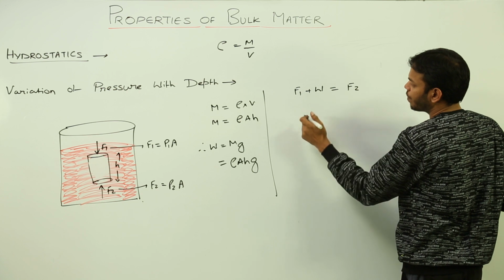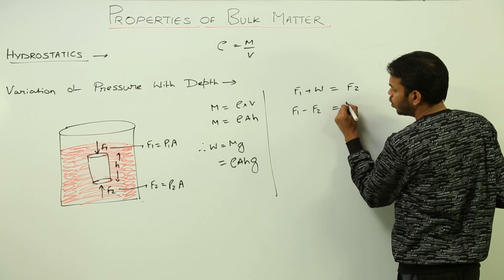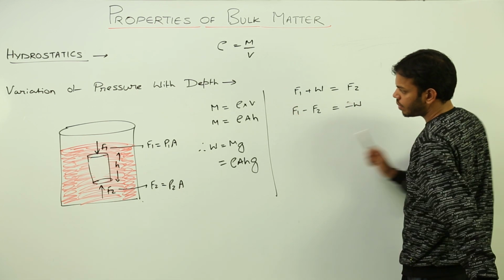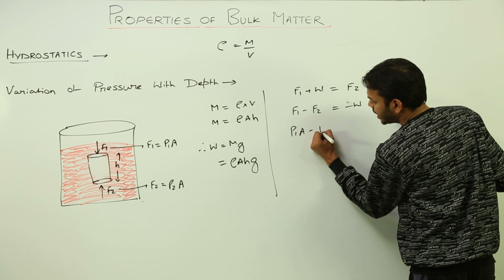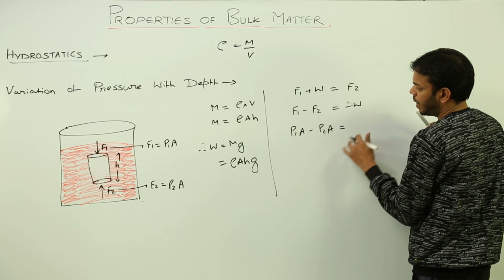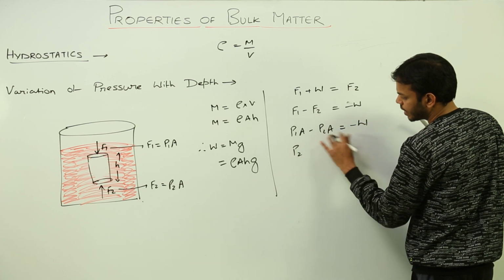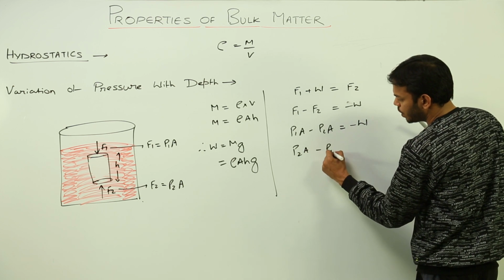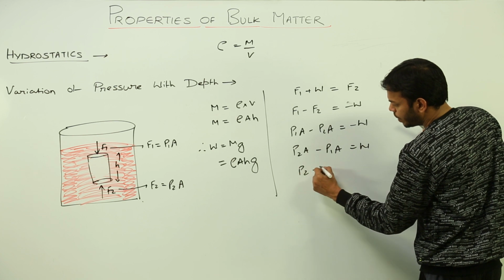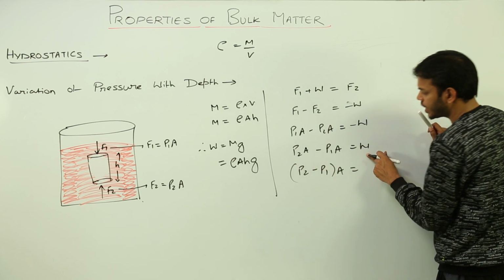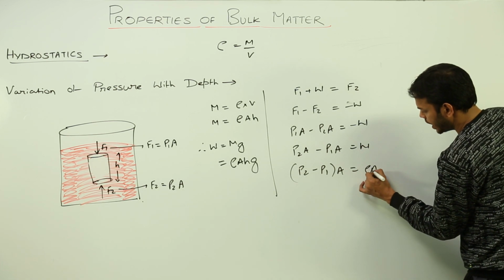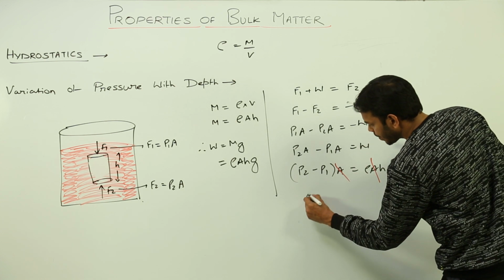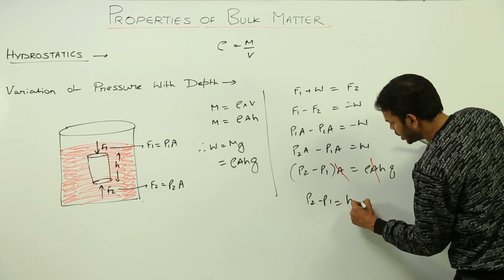So F1 minus F2 equals minus W, with F1 as P1 A. Multiplying both sides by minus 1, P2 A minus P1 A is equal to W. P2 minus P1 is equal to rho A H g divided by A. A gets cancelled out and you are left with P2 minus P1 equal to H rho g.